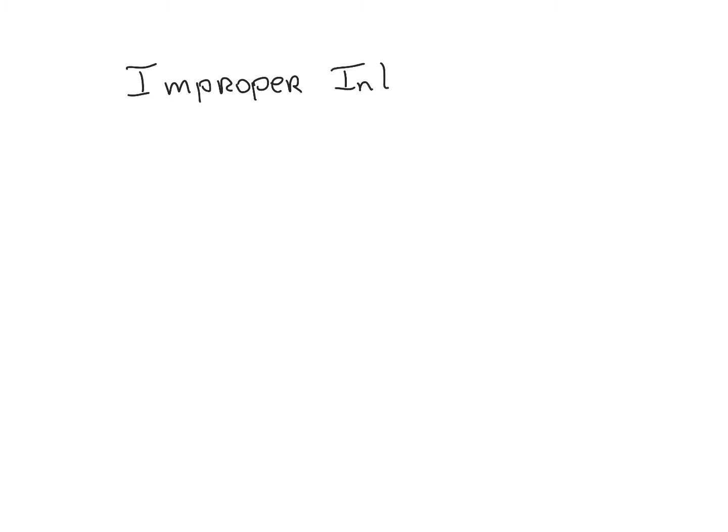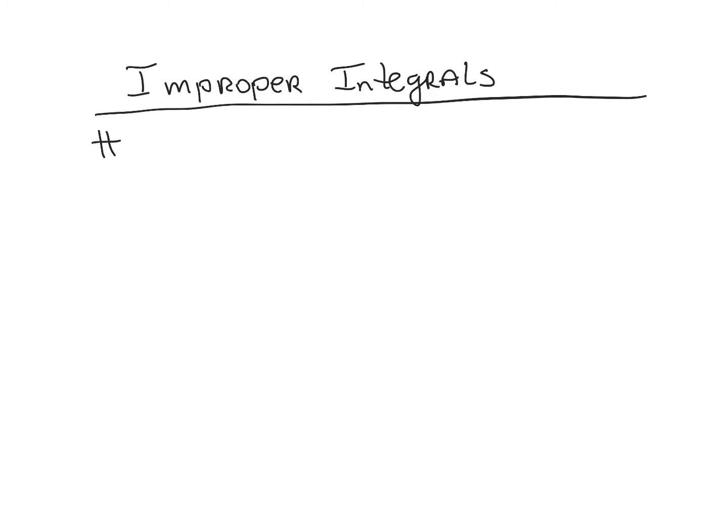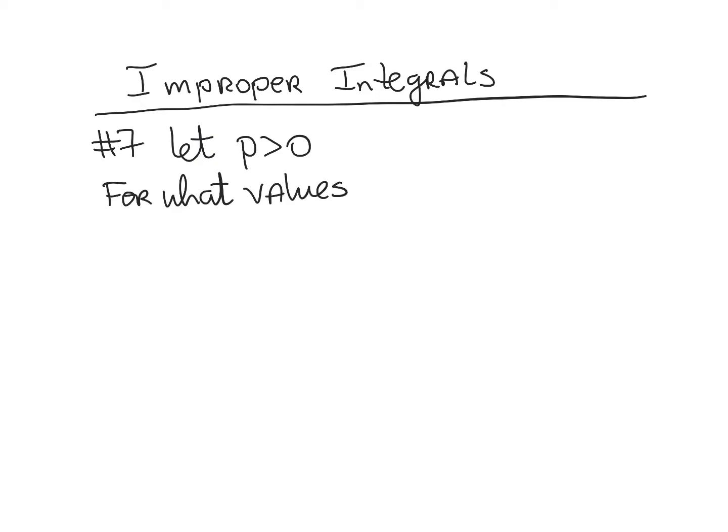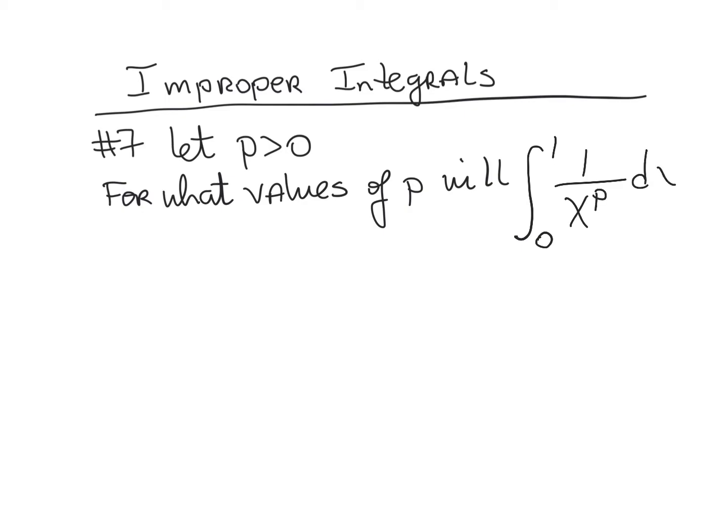We're going to look at an important result on improper integrals in this video. So the question is, let p be a positive number, and we want to know for what values of p will the integral from 0 to 1 of 1 divided by x to the p converge.